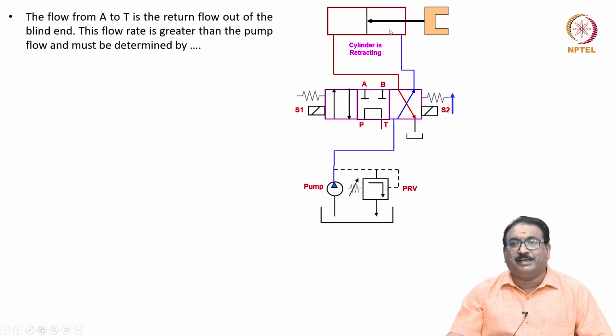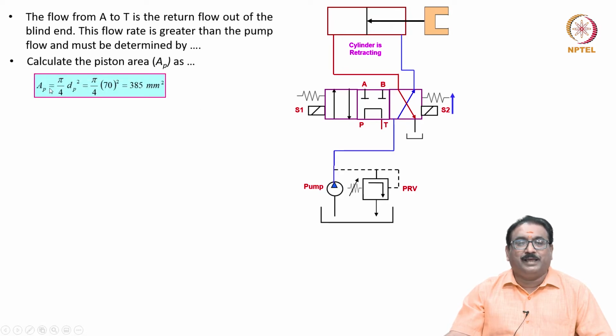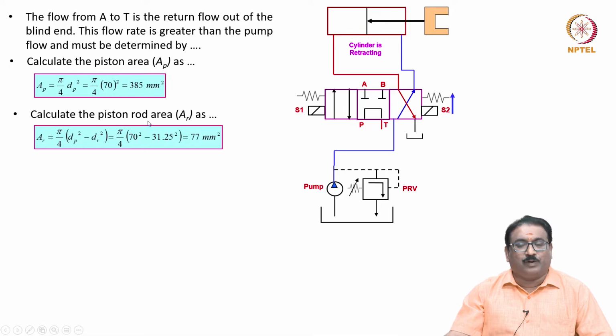Pump flow, what it is coming here, because the area is very less, must be determined by AP equal to pi by 4 dP square. You know the area of the piston. After substituting, I will get here. Then calculate the piston rod area also, pi by 4 into dP square minus dr square. You will get 77 mm square.